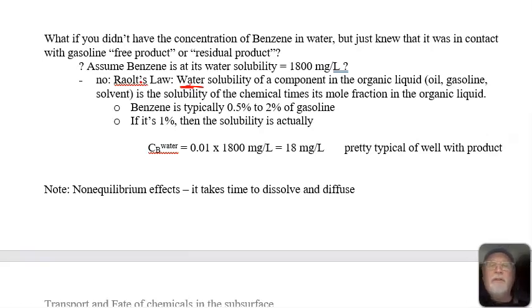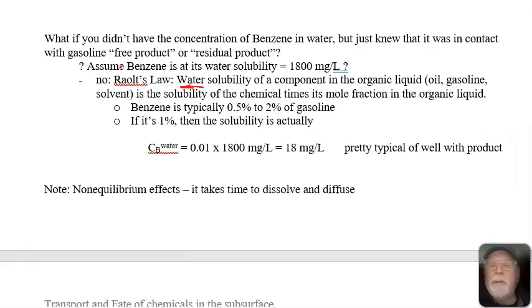So benzene is typically about 0.5 to 2% of gasoline. And for a general range, I'm not going to make a distinction between mole, mass, or volume fraction. I'm just going to say it's 1%-ish. So the solubility of benzene in water is actually 0.01, its fraction of the NAPL, the gasoline, times 1,800 milligrams per liter, which is 18 milligrams per liter.